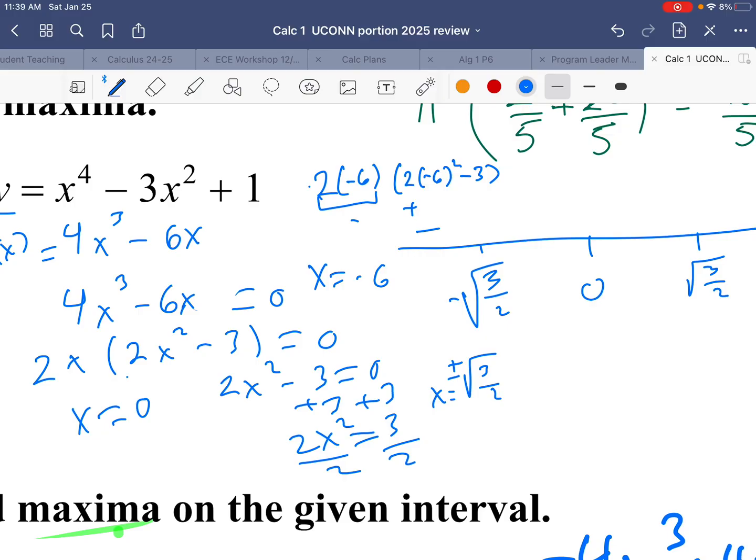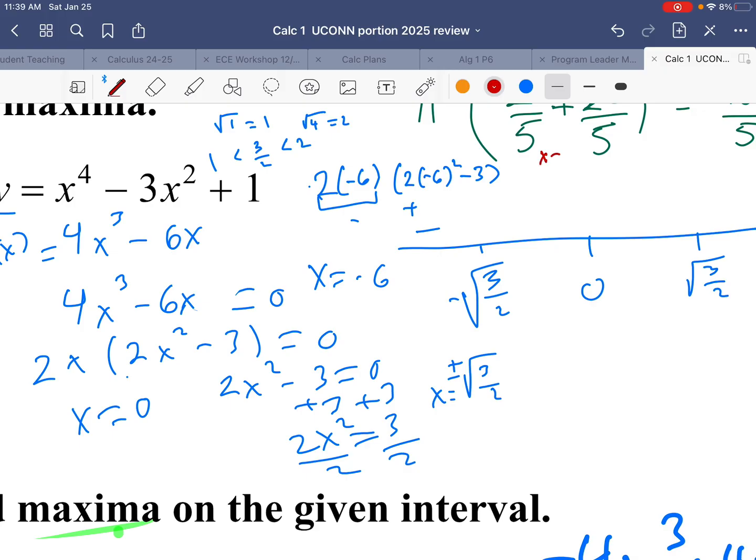The square root of 1 is 1. The square root of 4 is 2. Because 3 divided by 2 is greater than 1 and less than 2, I could use 1 to test out in between here.